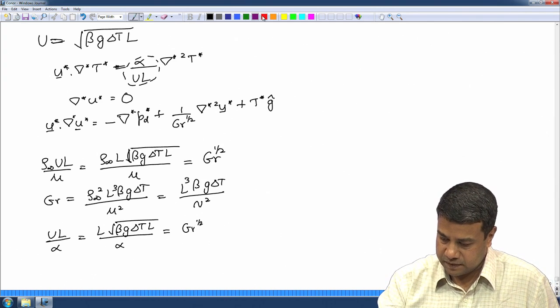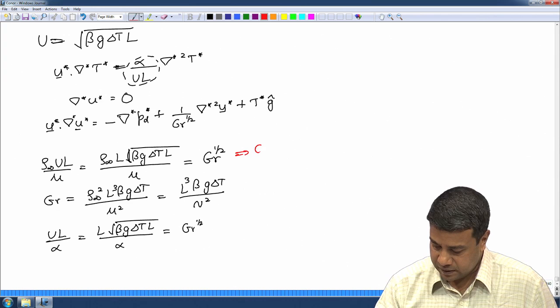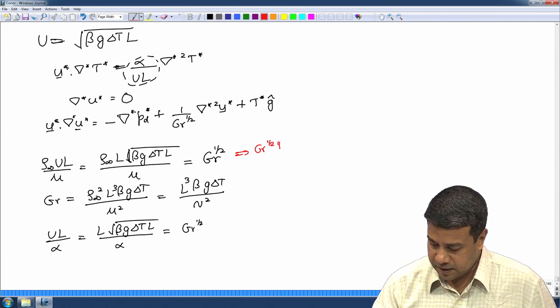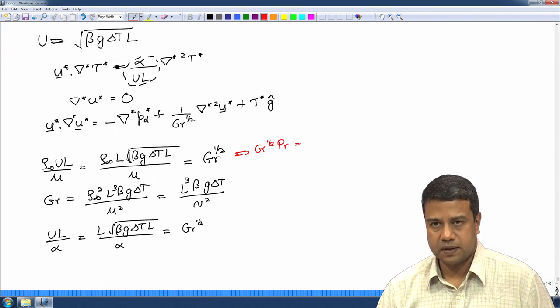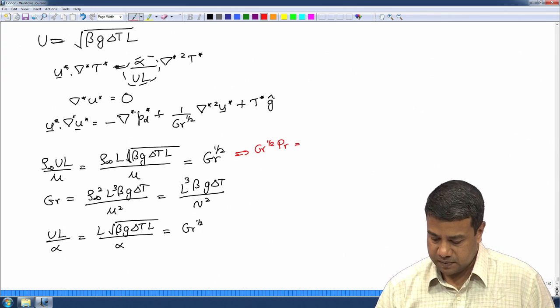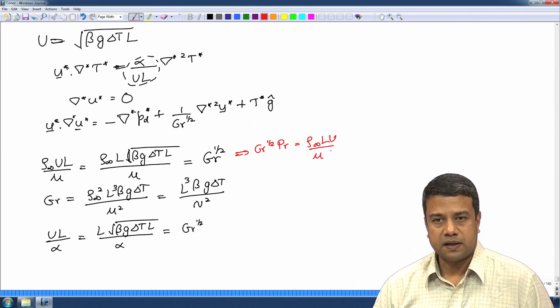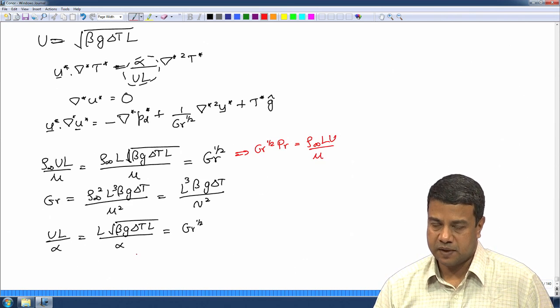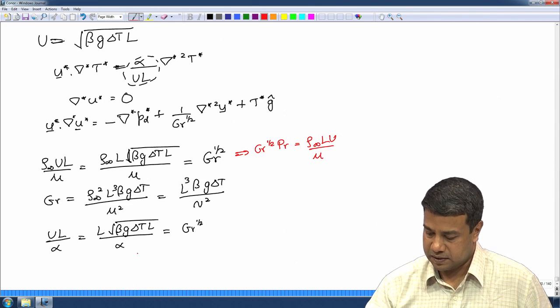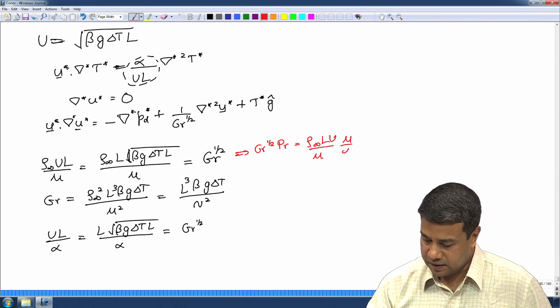If I take this Grashof number to the half, and multiply it by the Prandtl number, you can see that this will be equal to rho infinity L u by mu. The Prandtl number is the ratio of momentum diffusion and thermal diffusion. So, this is equal to mu by alpha.